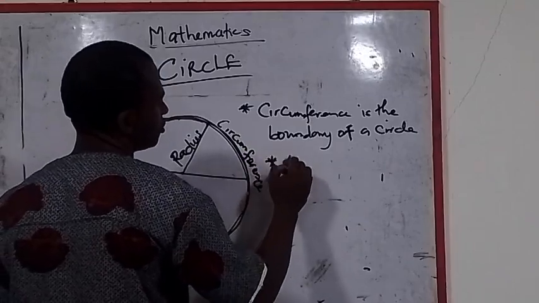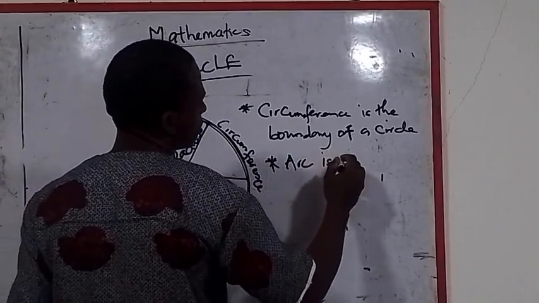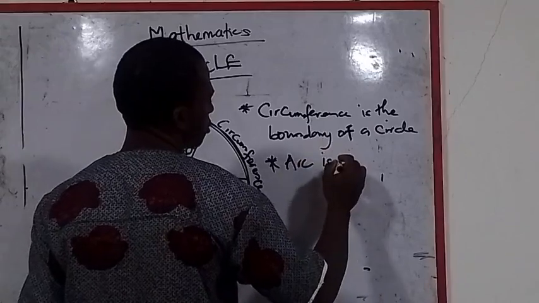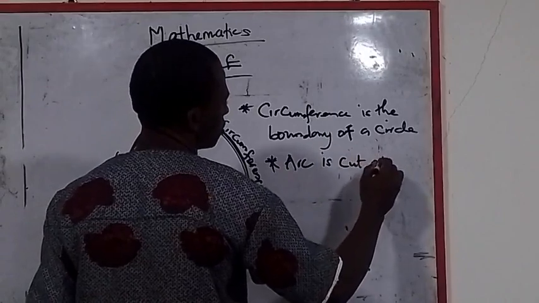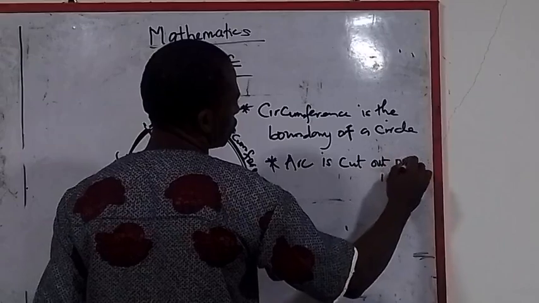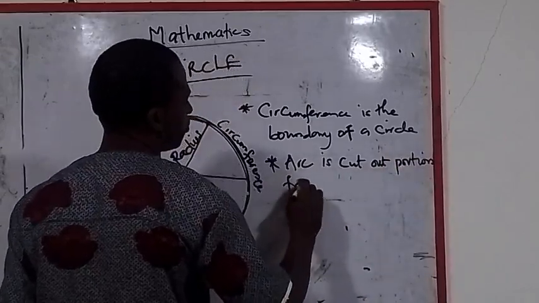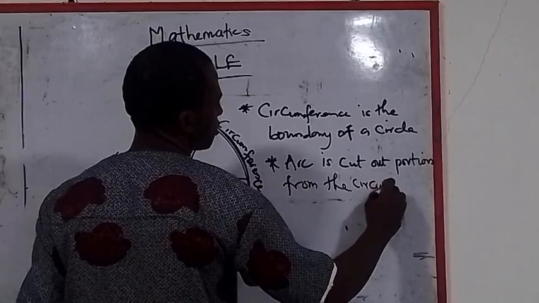Then arc is a portion cut out from the circumference.